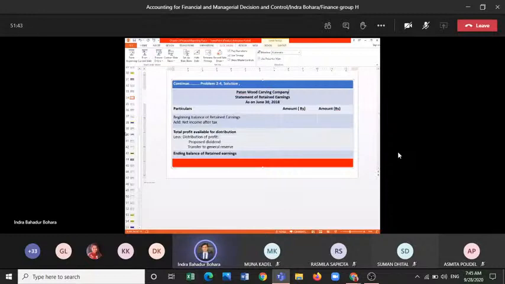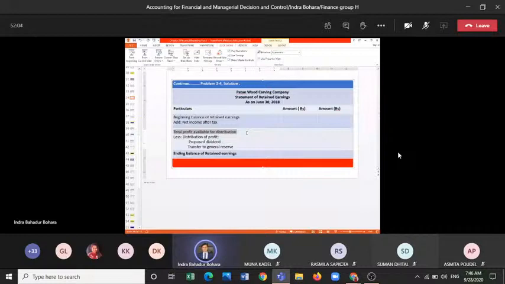You know the components: beginning balance of retained earnings, add net income after tax, then total profit available for distribution, and less distribution of profit.